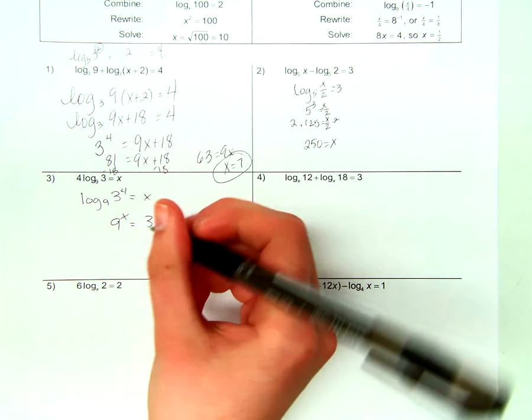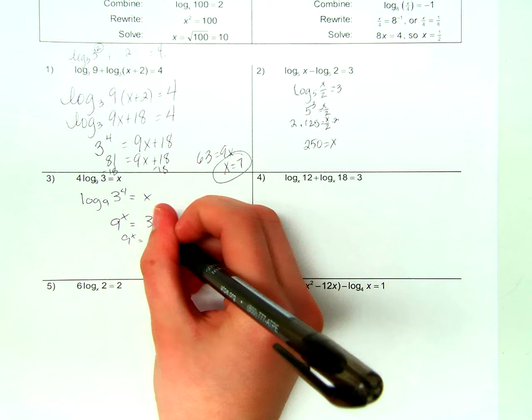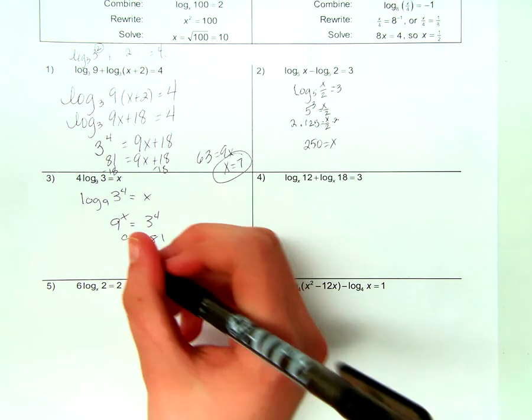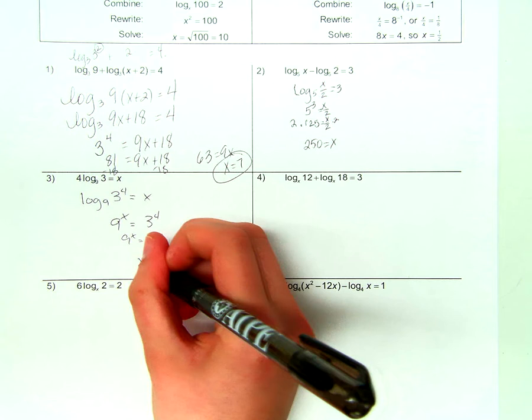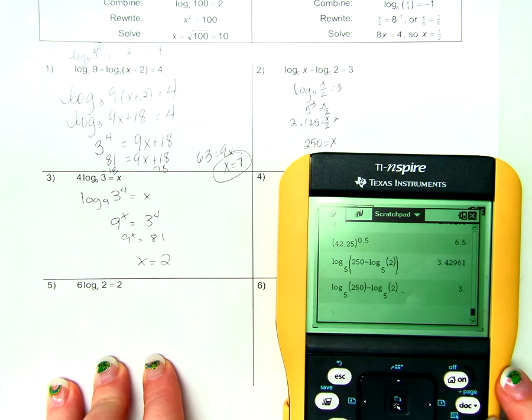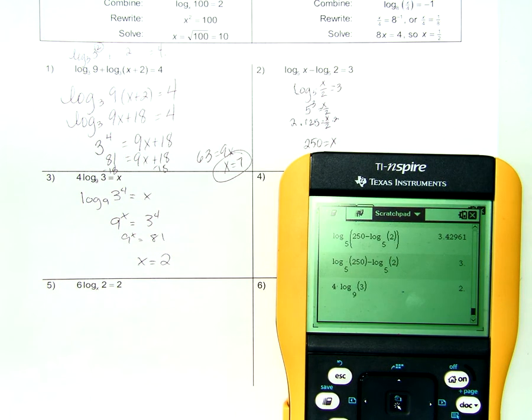You can go ahead and write 81 right there, or the next step is fine too. 9 to what power equals 81? Perfect. Is it right? Let's see. 4 log base 9 of 3 equals 2. Perfect.